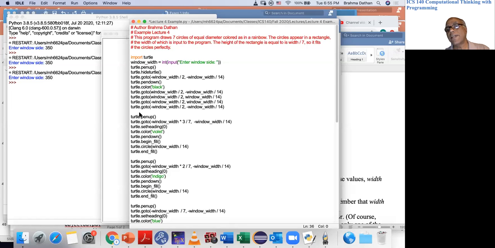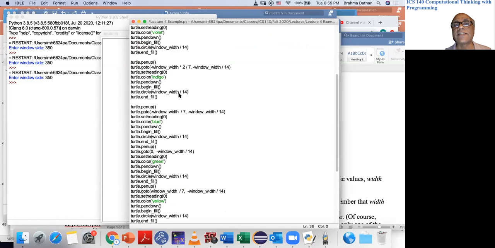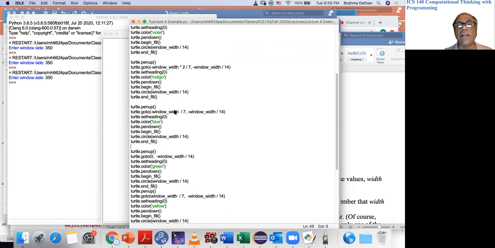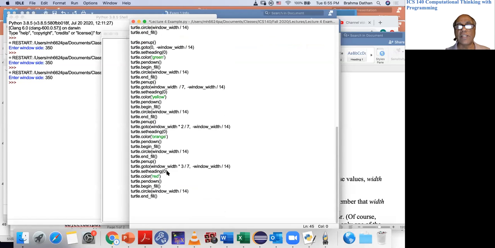But then once I got that working, I copied and pasted, adjusted the X axis. It is exactly the same code except for the X coordinate and the color. Nothing else is different. So a seemingly difficult problem can be handled if you approach it properly. Okay?